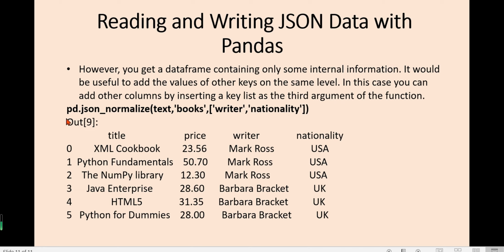Then the result will be a data frame with 4 columns. These 2 columns are the information inside the books, and these 2 columns for writer and nationality are at the same level with the books. Then json_normalize will take out this information and put it in the resulting data frame as 2 columns.